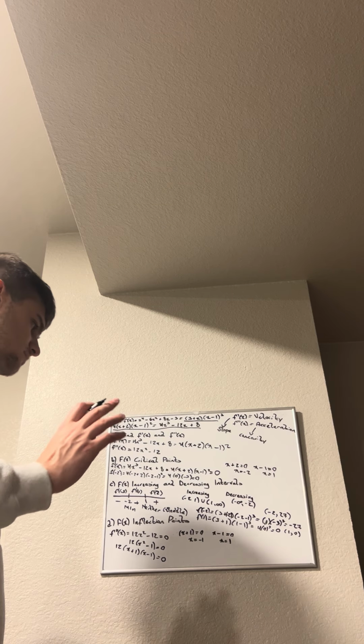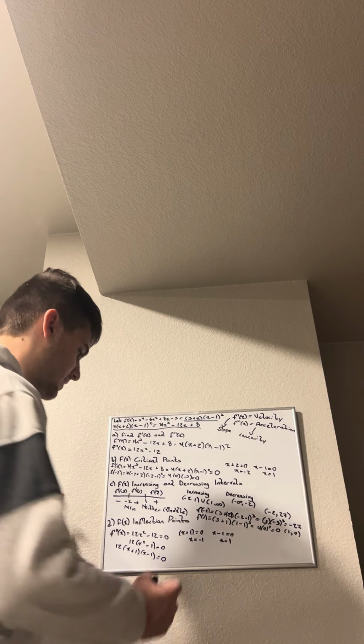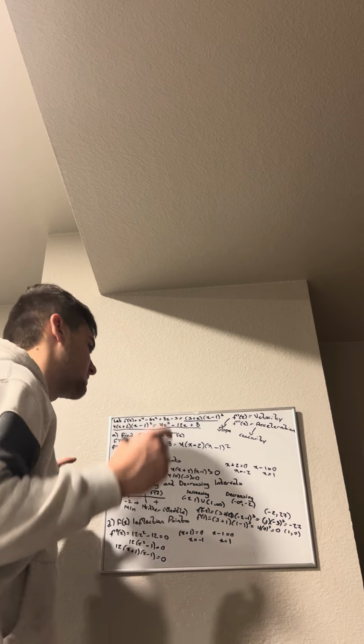So to make sure that we can properly put them on the graph, we want to make sure we plug those into the f of x in order to acquire the y coordinates.